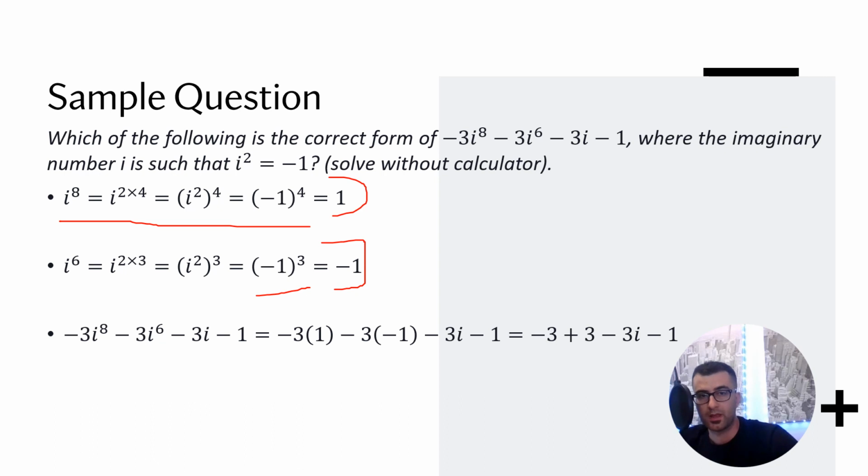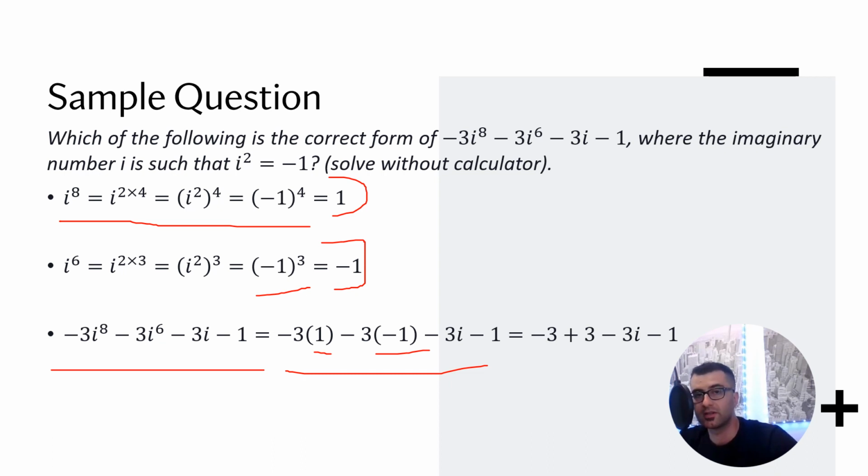So let's rewrite the term that the question has asked and put minus 1 or 1 instead of I, and let's see how it goes. Instead of I to the power of 8, we'll have 1, and instead of I to the power of 6, we'll have minus 1.